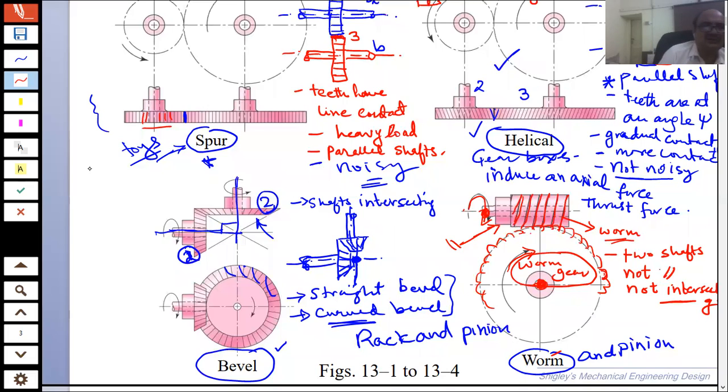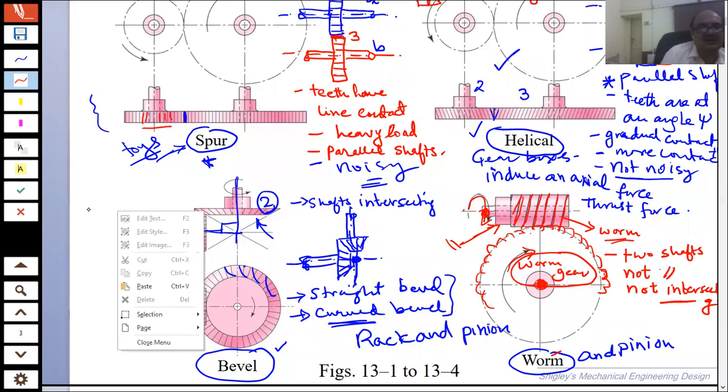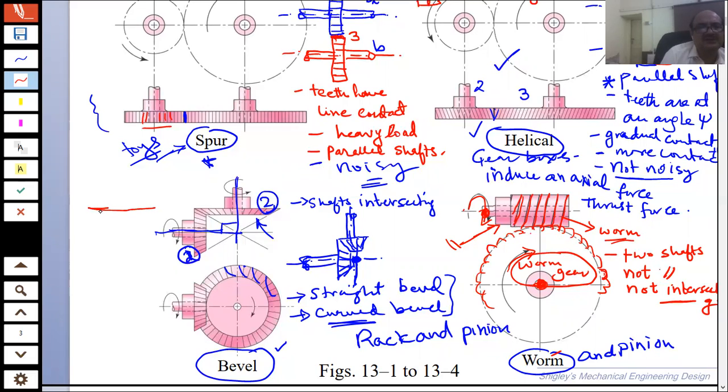There is also another gear which is called the rack and pinion. So what the rack and pinion does is that a rack has teeth, right? And these teeth then mesh with a gear like this.